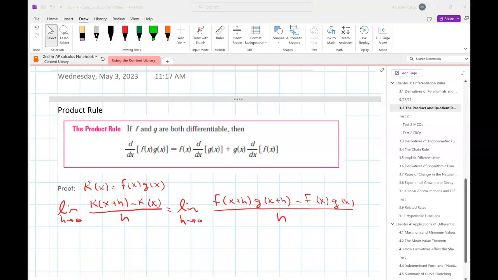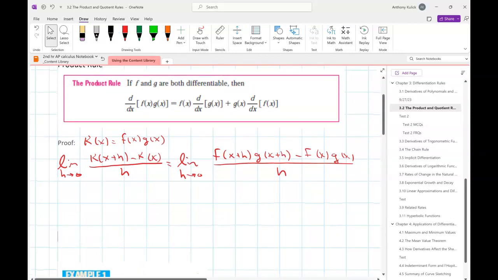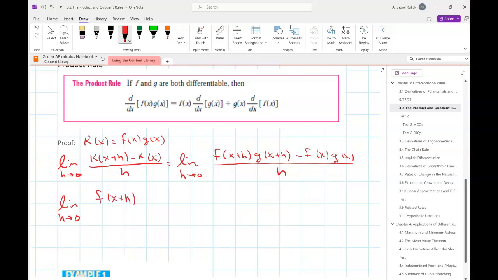What is going to be the trick here? I'm going to subtract and then add this quantity, which is the same as doing nothing at all, right?